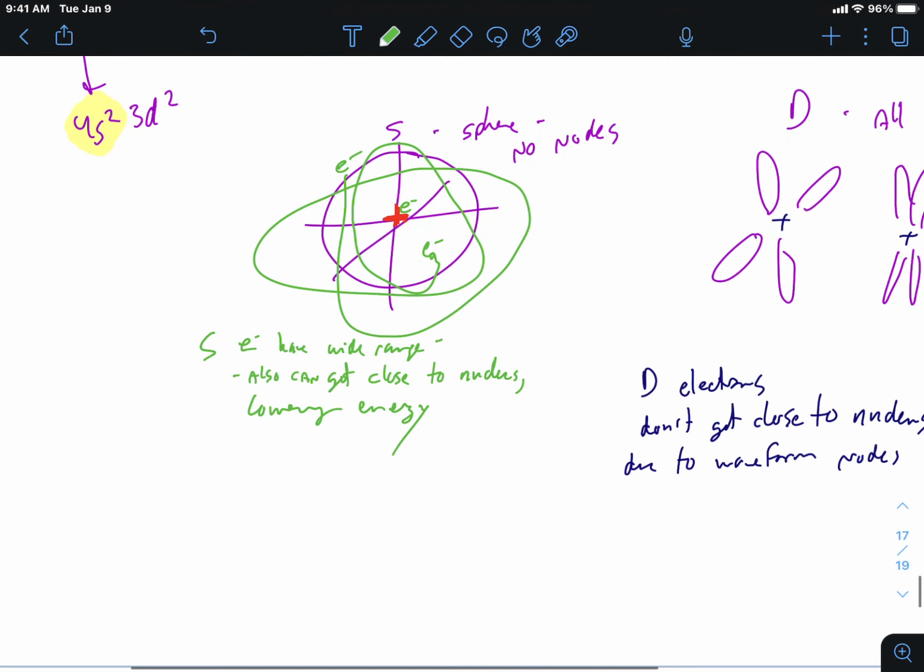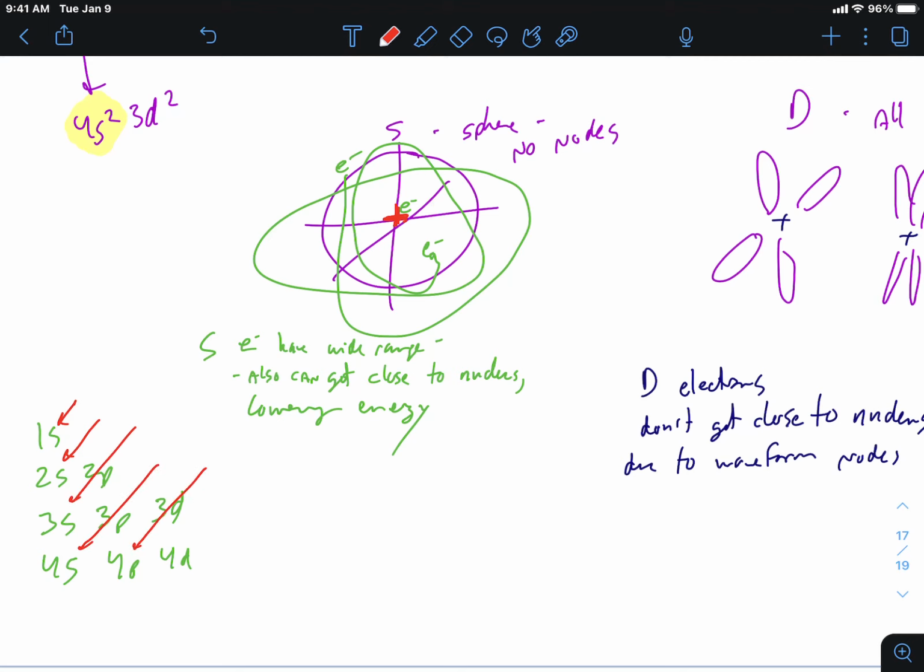So I go back to the 1s, 2s, 2p, 3s, 3p, 3d, 4s, 4p, 4d, and so on. And when we fill this diagram, this order of fill is based on the Aufbau principle, which is low energy. So according to this diagram, what has lower energy, 4s or 3d? 4s on average has lower energy, okay?